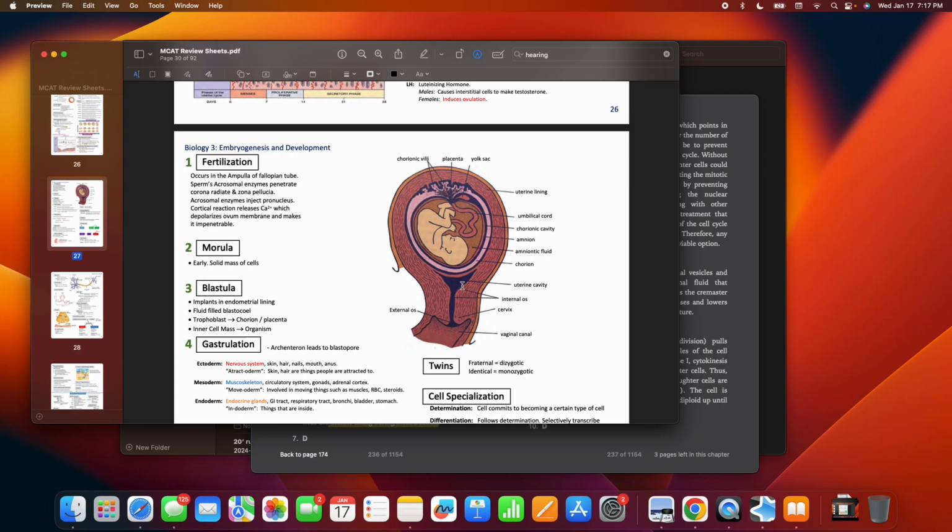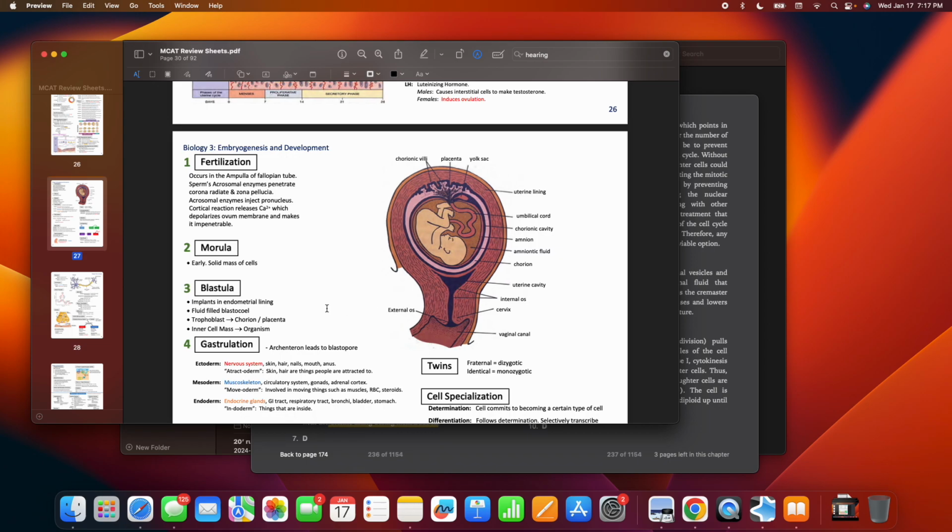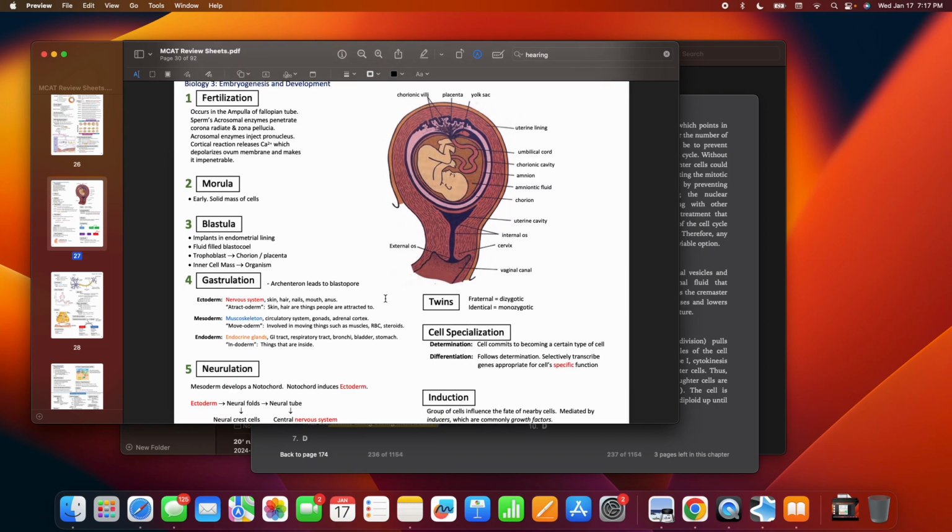Yeah, you can see here all the things about the uterine cavities, stuff like that. Archenteron leads to blastopore. Then we have nervous system, skin, hair, nails, mouth, anus, endoderm, ectoderm.